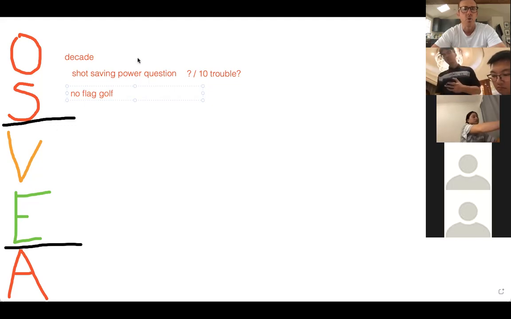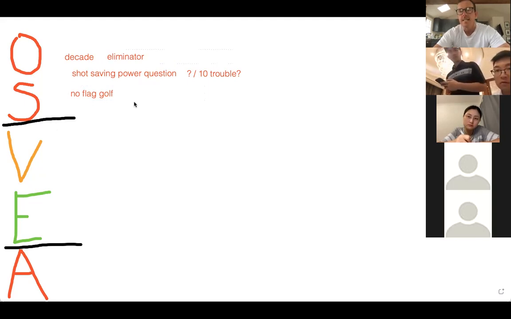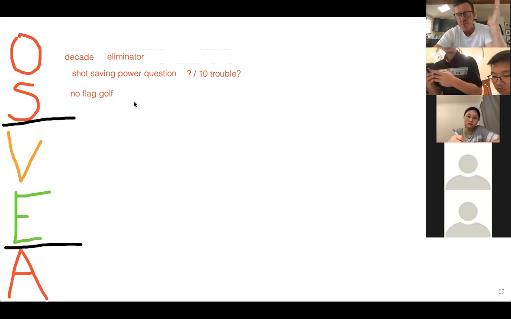And then another tool that I do in this section, I would play the Eliminator. So the Eliminator is a game where I've showed you guys this before. Off the tee, you have to eliminate right or left.